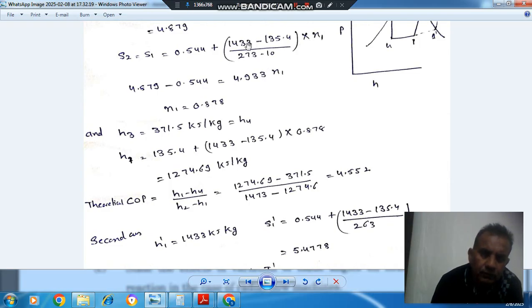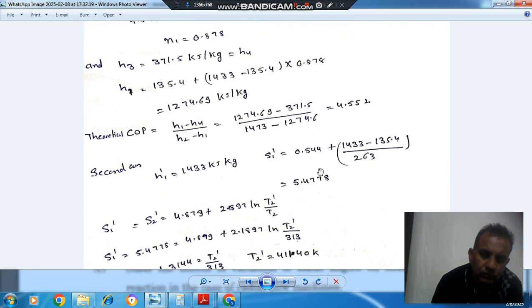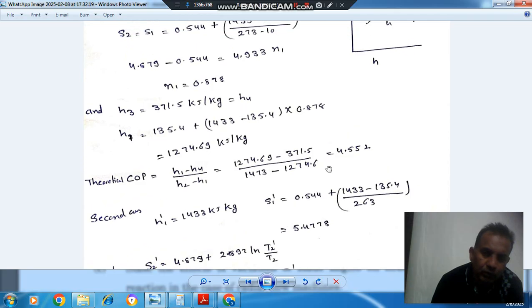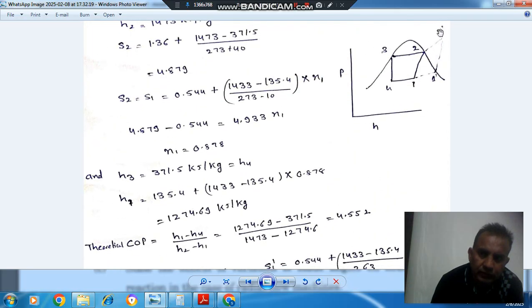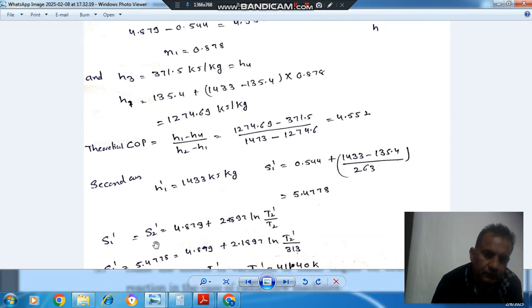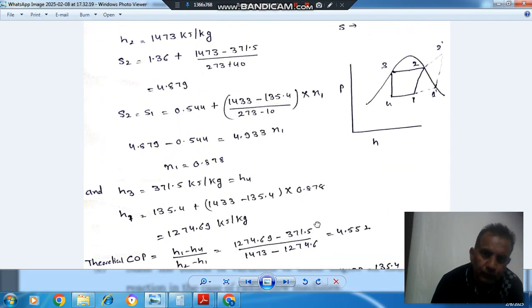Then we take this. So this will come out as 5.477, and because this is isentropic process, entropy of 2 dash will be entropy of this 2, that is 4.879 plus this part.